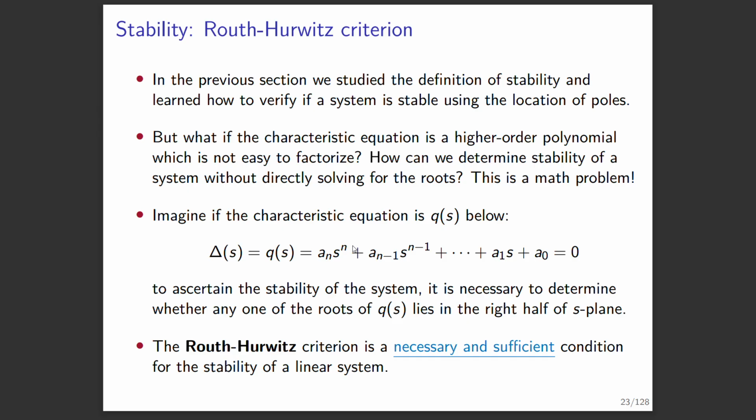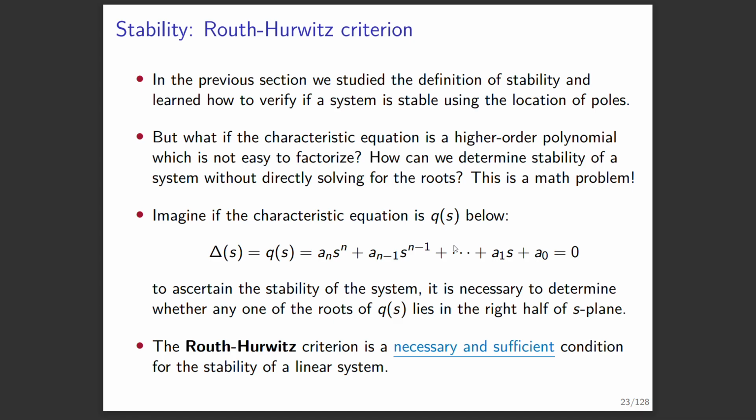So I was giving you the poles. What if I don't give you the poles? What if you have a characteristic equation like s to the 5 minus 3s to the 3 plus 12s squared minus 17.5? How would you solve that?